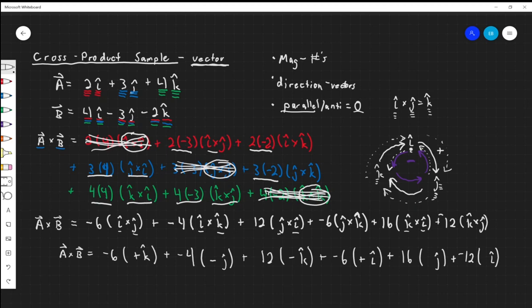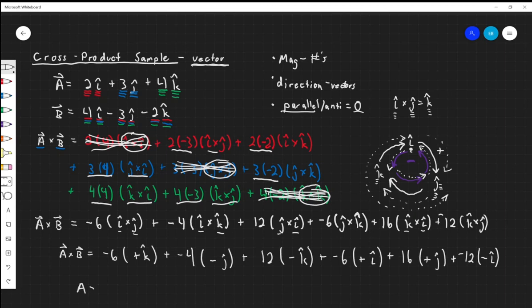That's going to be a positive. And then k cross j, if I want to go from k to j, I'm following this inner circle. I'm going counterclockwise, so that's got to be negative.